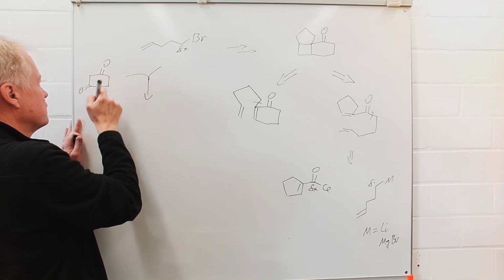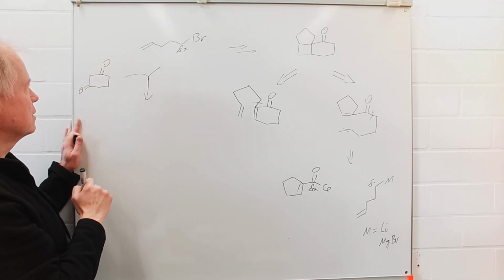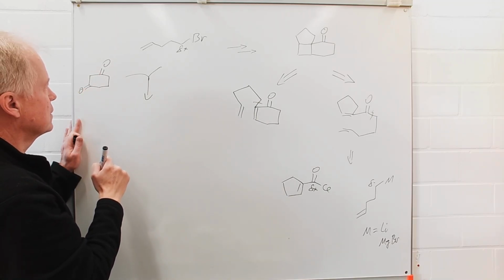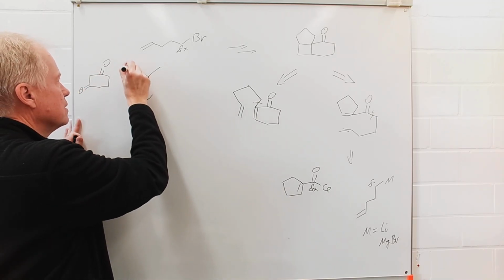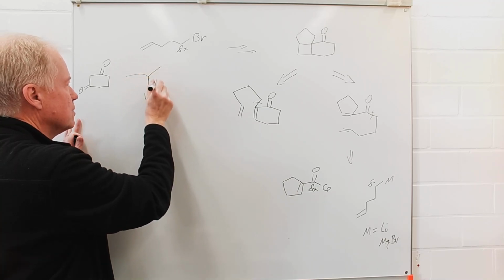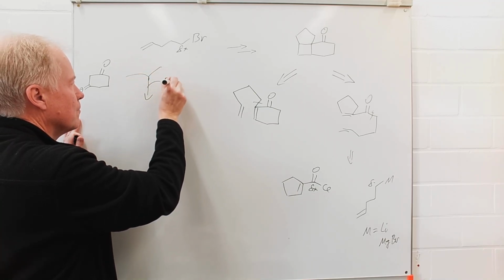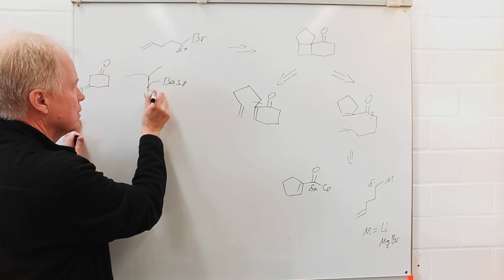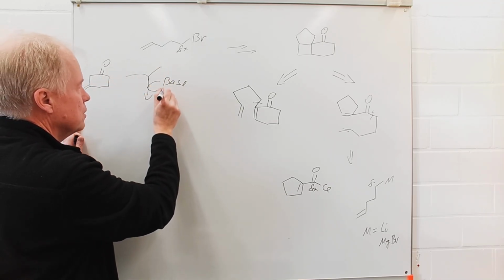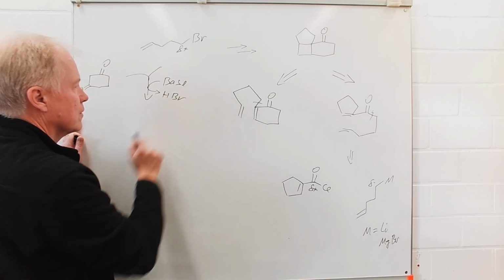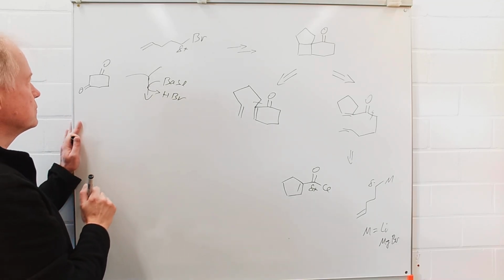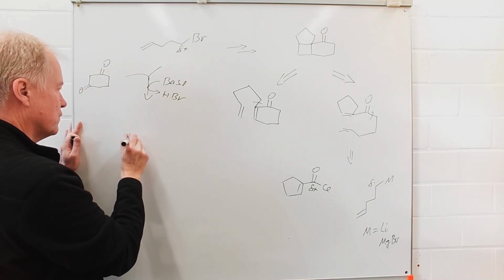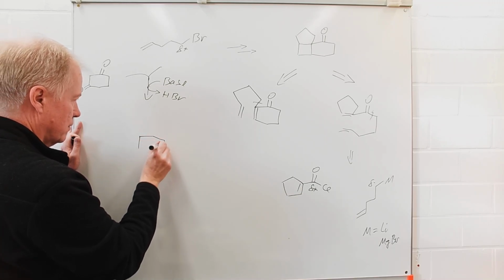Let's start with cyclohexane 1,3-dione having a base present, deprotonating and overall eliminating HBr. So deprotonating to the enolate, as a nucleophile it will react.